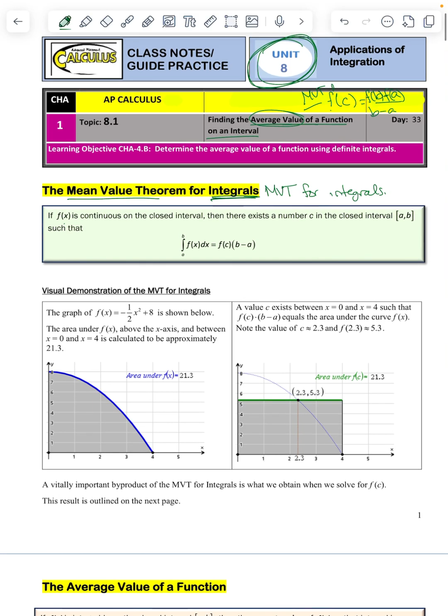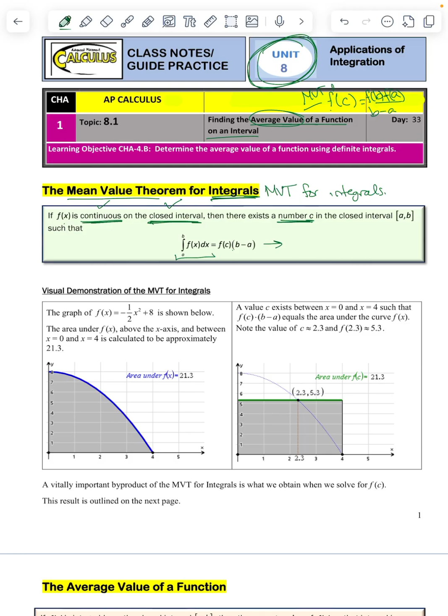Well, we know that integrals are about area. So the mean value theorem for integrals says if f of x is continuous on a closed interval, so again, just like the MVT for derivatives, these two things have to be checked: is it continuous and is it on a closed interval? Then there exists a number c in the closed interval such that the area under the curve from a to b of f of x is equal to f of c times b minus a.